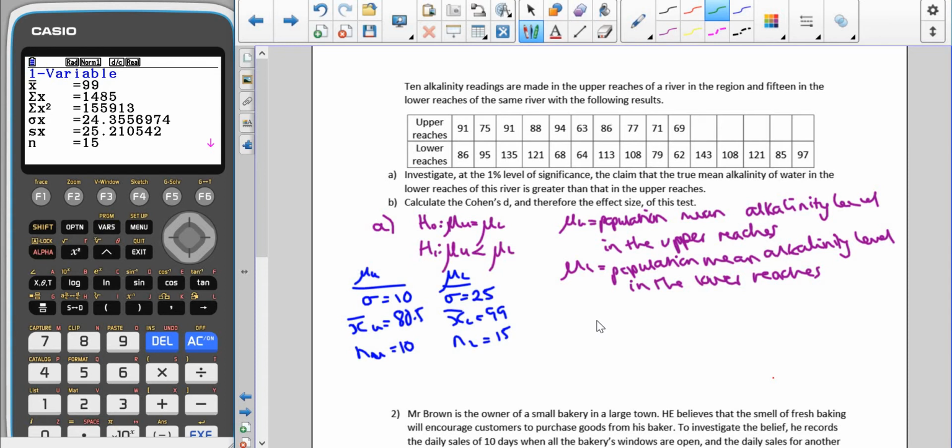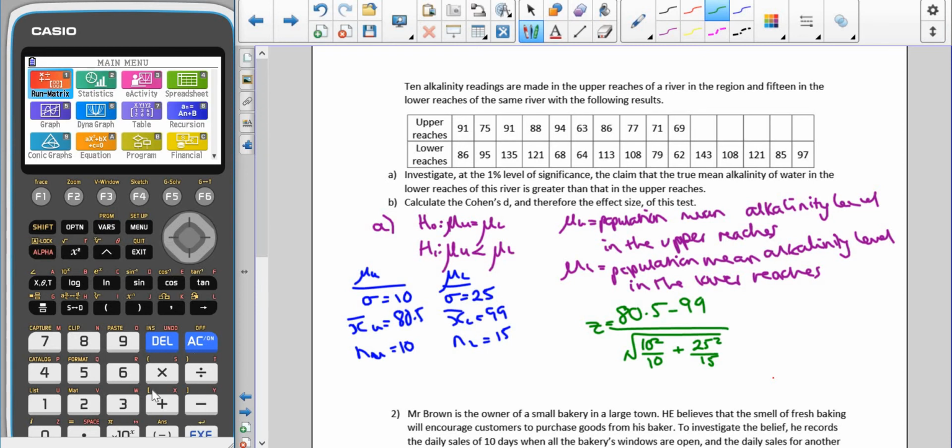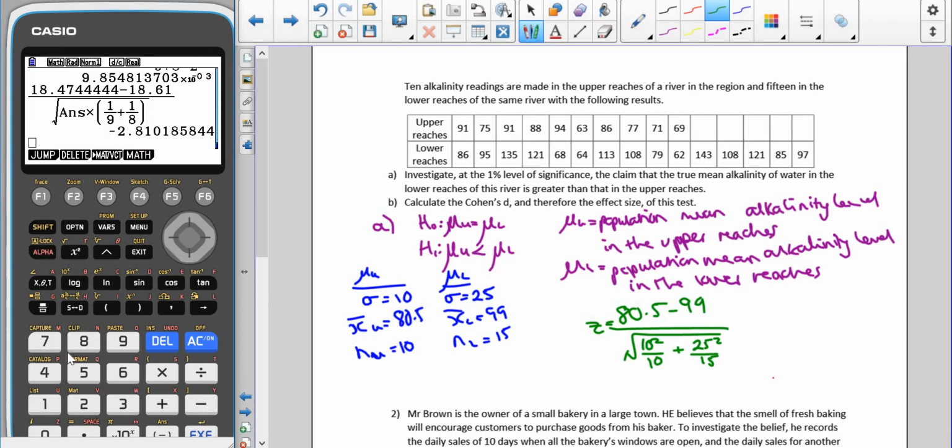Ignoring the part on the top that we don't use means that we will have 80.5 minus 99 divided by the square root of 10 squared over 10 plus 25 squared over 15. That gives us Z. Remember that you could have done it the other way around on the top. I think when we did this example before, I did do it the other way around.